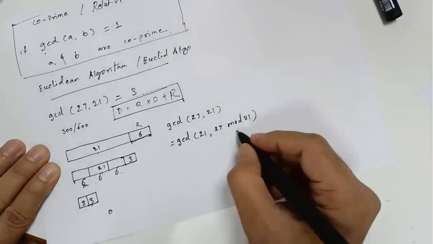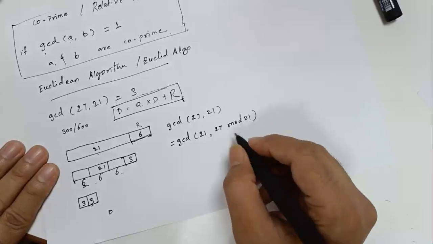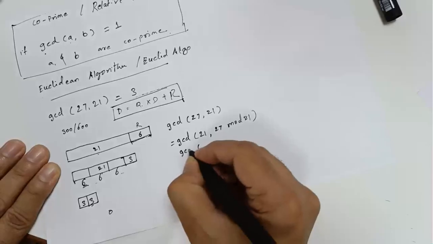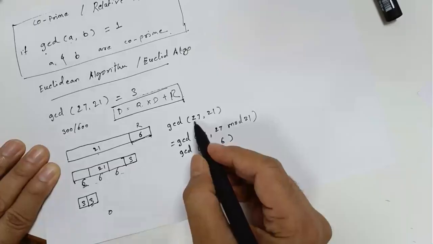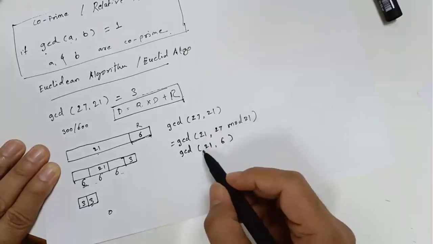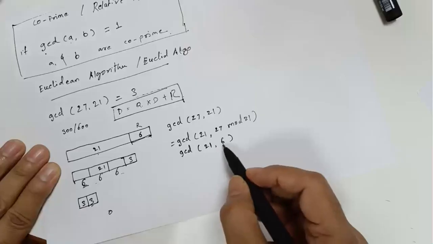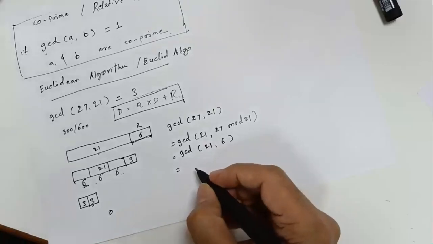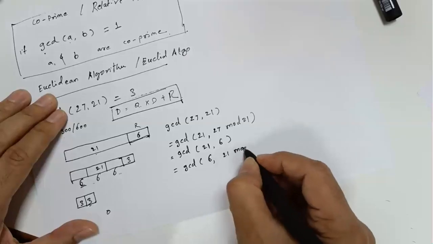Can you tell me what is the value of 27 mod 21? 6. Yeah, it is 6. So instead of doing 27, 21, I have reduced the problem to GCD of 21 and 6. I'll still further reduce this as GCD of 6 and 21 mod 6.